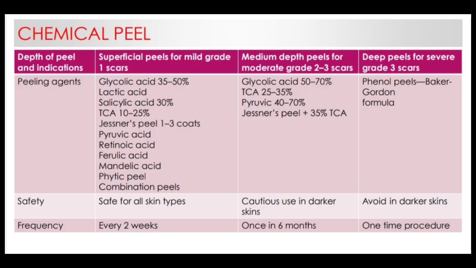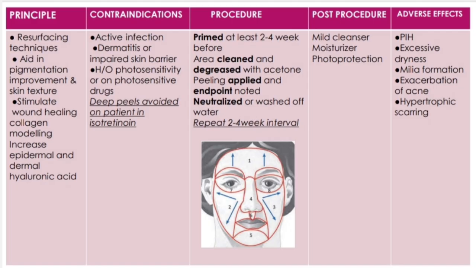Deep peels should be avoided in darker skin and are a one-time procedure, which includes the phenol peels, used in the form of the Baker's Gordon formula, which is 3 ml of the phenol, 2 ml of demineralized water, and the liquid soap and the croton oil.